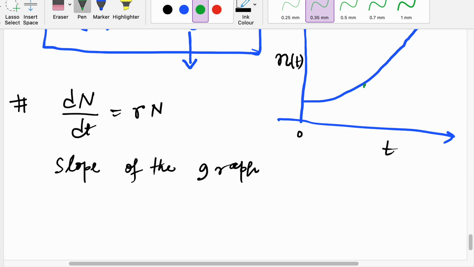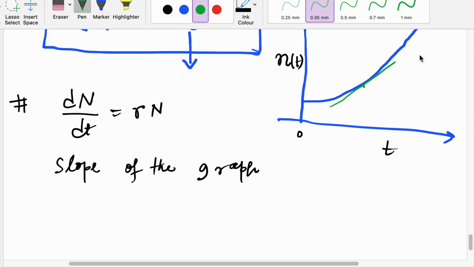Suppose there is a point on the graph, and I draw a tangent, that means a straight line which only touches this curve at this point. Then it is called the tangent of the graph.